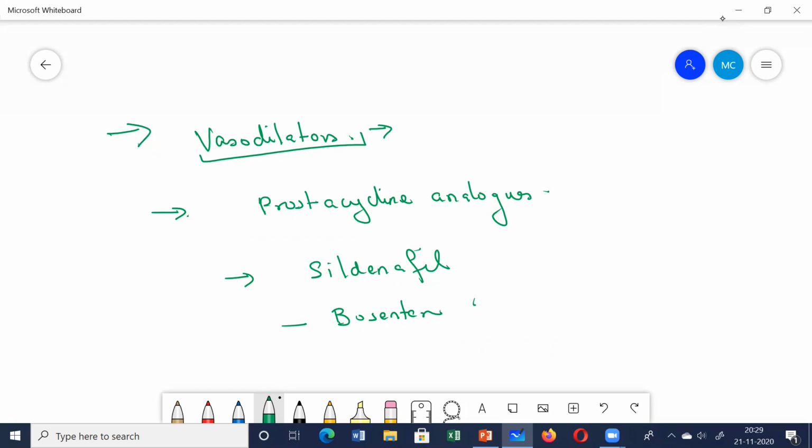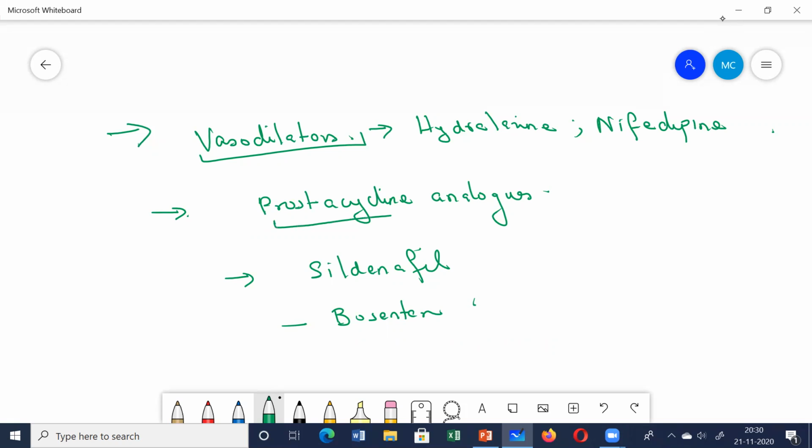Arterial dilators like hydralazine and nifedipine. Remember nifedipine? It was a calcium channel blocker. But these are not recommended because they have some side effects. They are beneficial only if given for a short time to reduce the afterload. Next, the prostacyclin analogs.